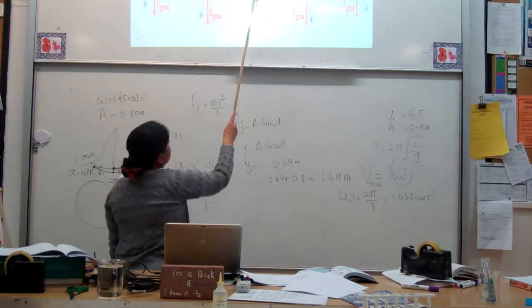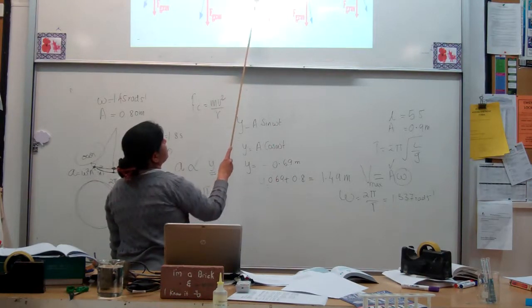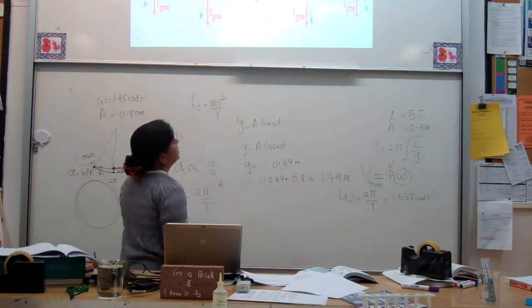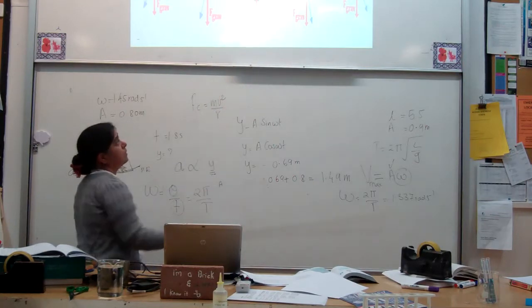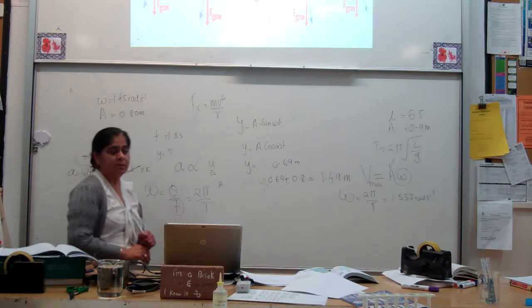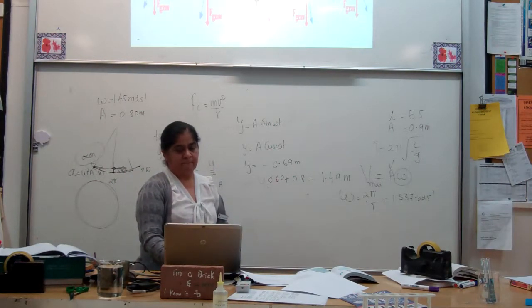At this point, tension is getting bigger, and it's almost balancing the whole thing with the gravity. Gravity does not have any horizontal component there. Okay, that's totally being balanced by the tension force, as you can see here.